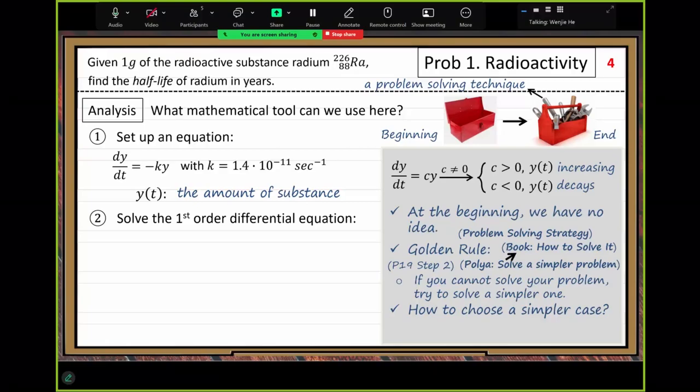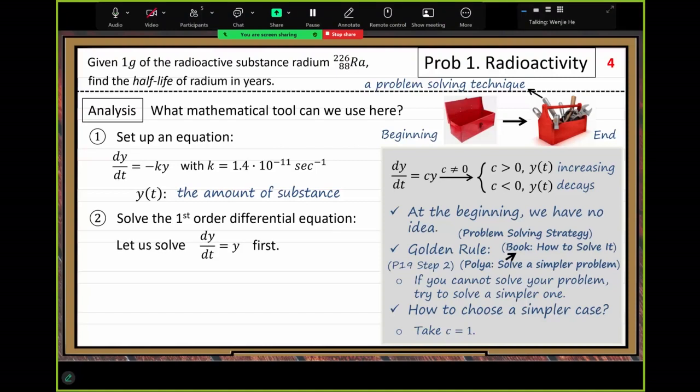If C is 100, do you think it's simplest? If C equals 3.5, do you think it's simplest? The simplest is C equals 1, because when C equals 1, C is gone. No C. You do not see that C explicitly.